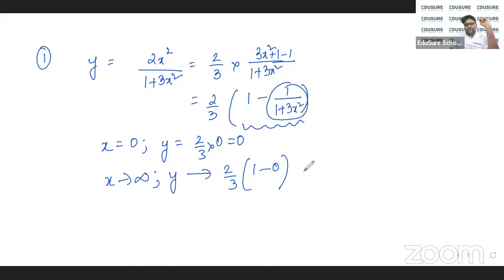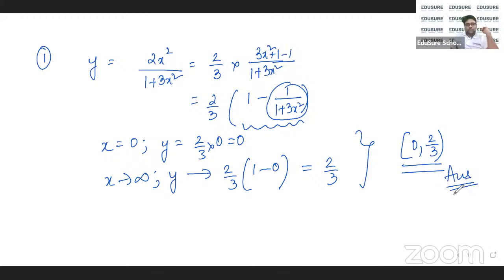So going to this, therefore, it's going to 2 by 3. That basically means 0 to going to 2 by 3, open interval. Second approach. Find out the inverse.